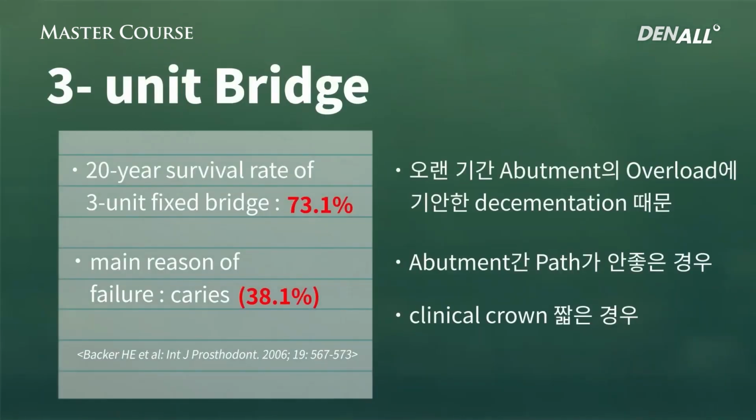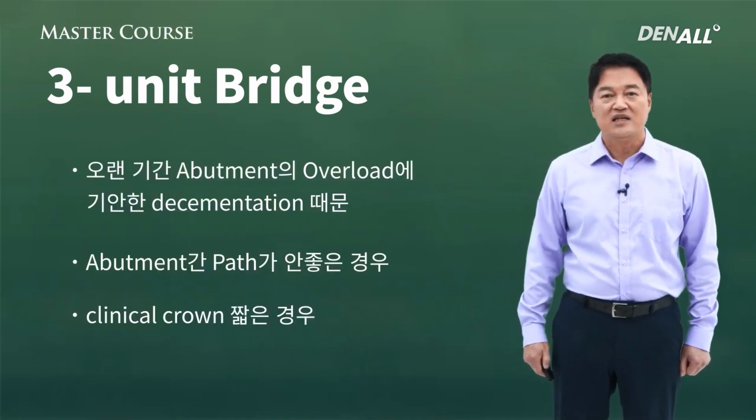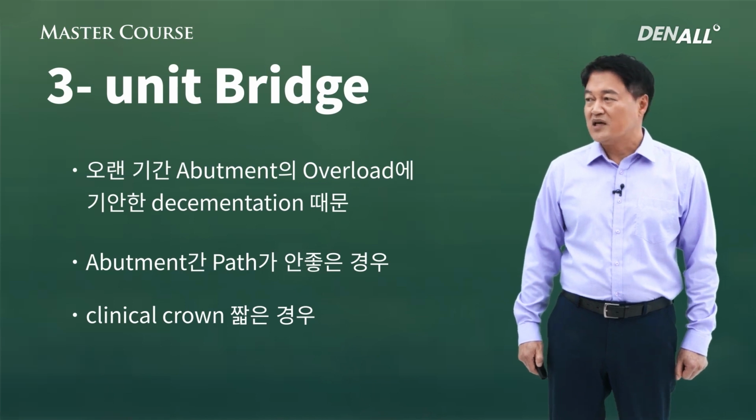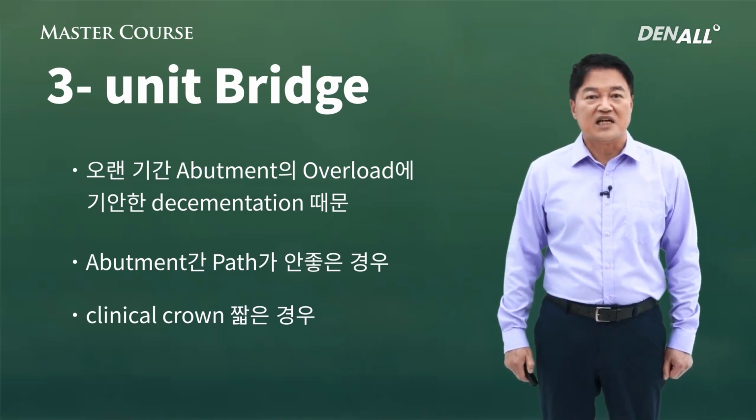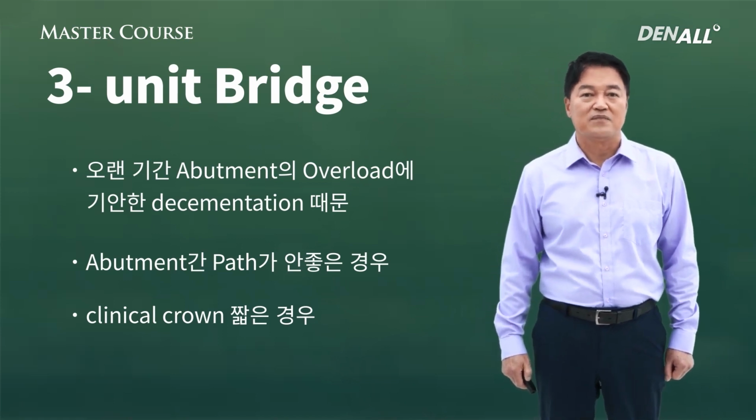According to literature, the 20-year survival rate of a 3-unit bridge is 73%, and the main reason of failure is caries. And this is due to decementation caused by long-term overload on the abutment. Such a situation can occur more frequently if the path is bad among abutments and if the clinical crown is short.